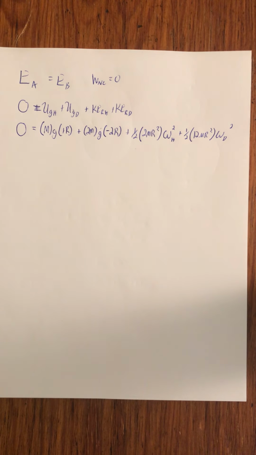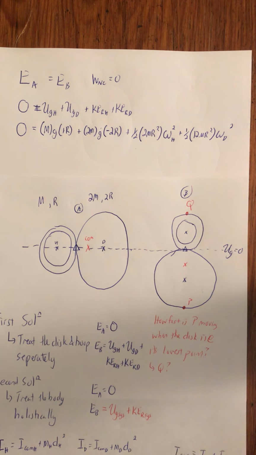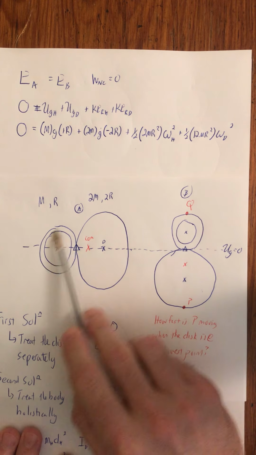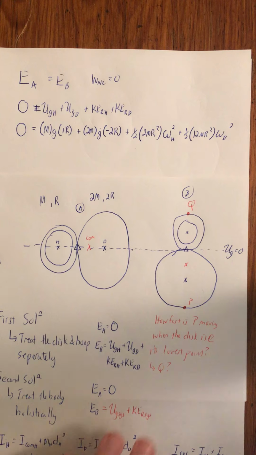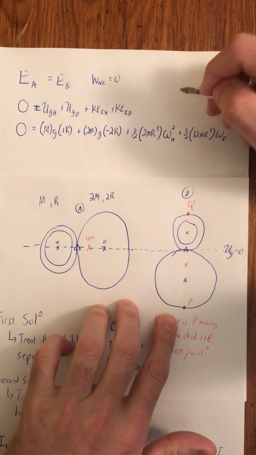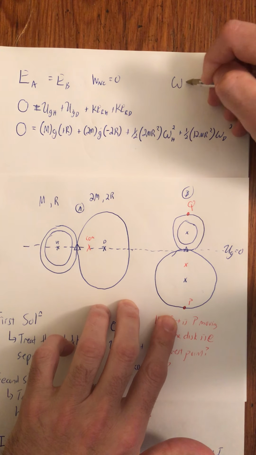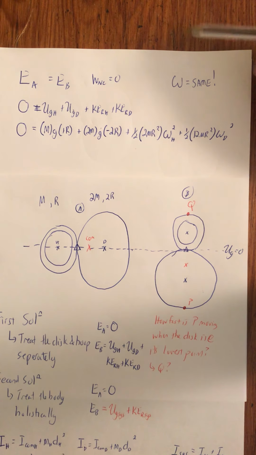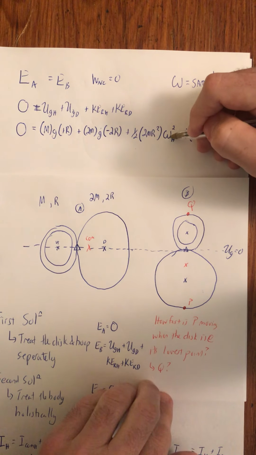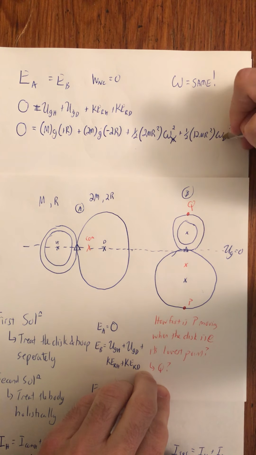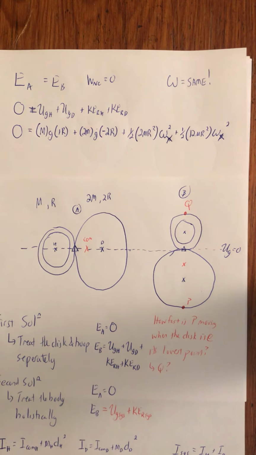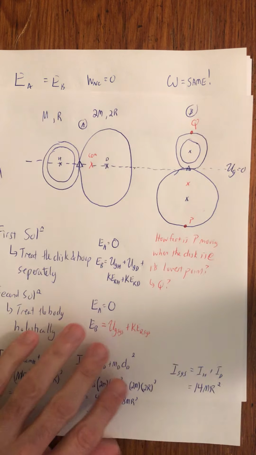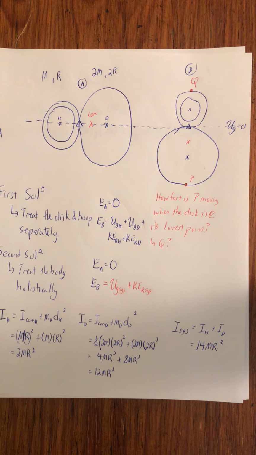Let's stop and talk about that, because the disk-hoop system is a rigid rotating system. That means that omega is going to be the same for all parts of this. So I'm just going to cross these out, because this is not omega of the disk or omega of the hoop, it's just omega.